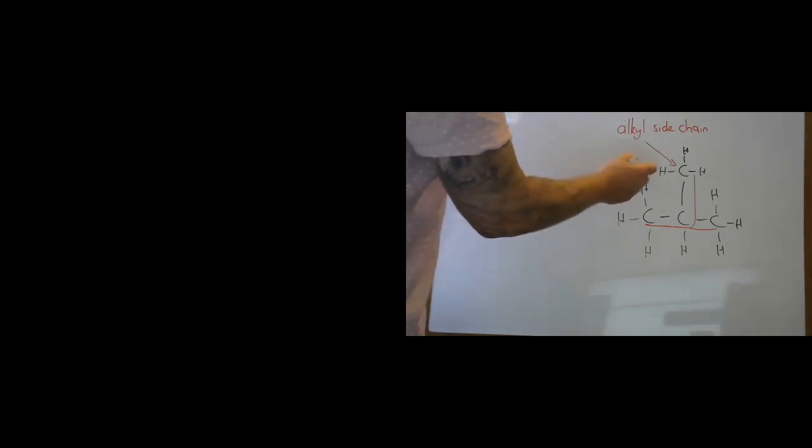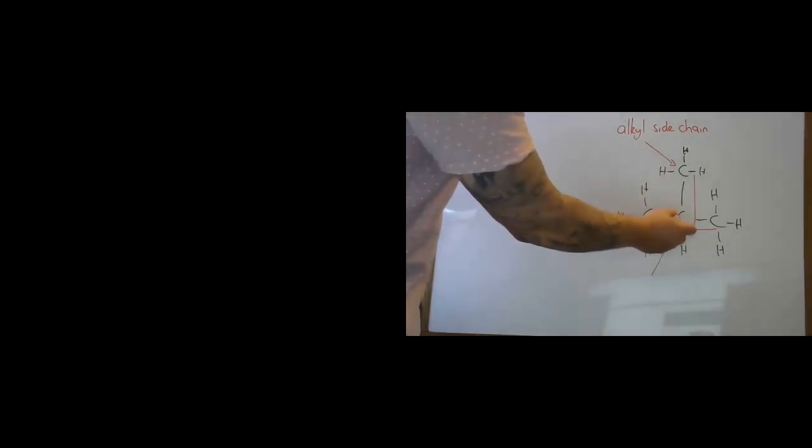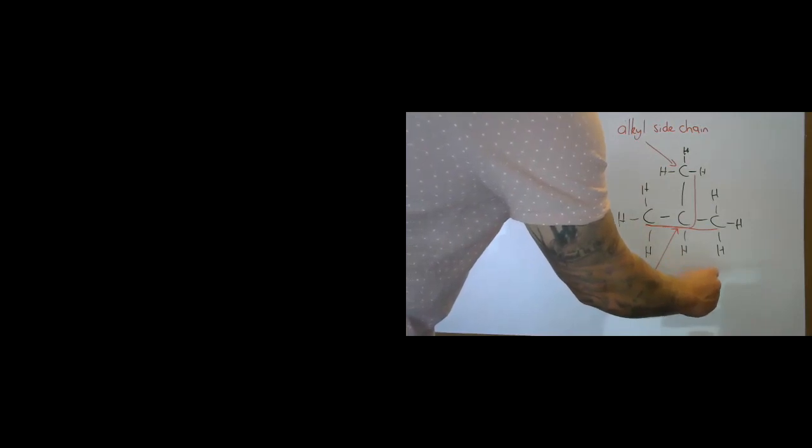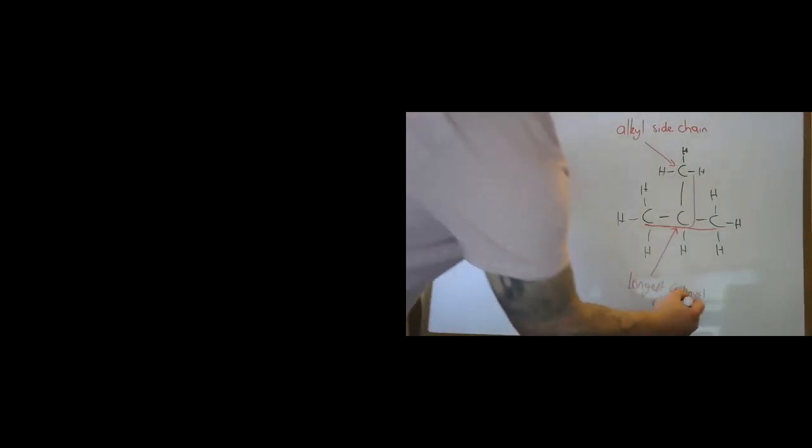This is what we call an alkyl sidechain. This is the backbone, or the longest continuing chain, which is 3.